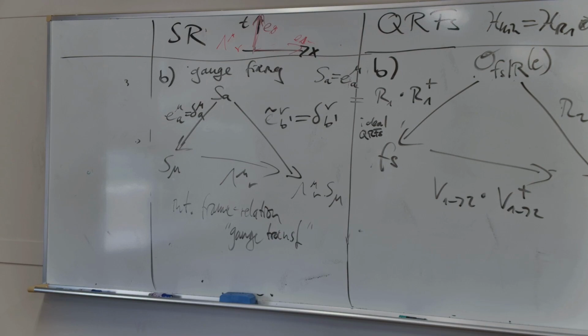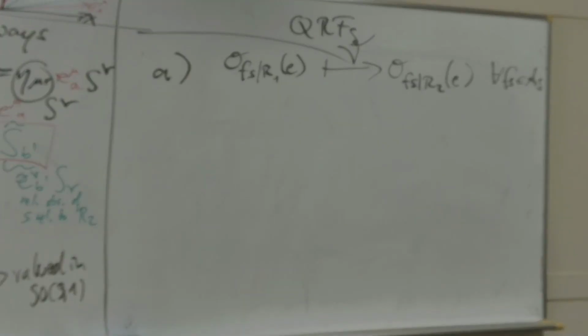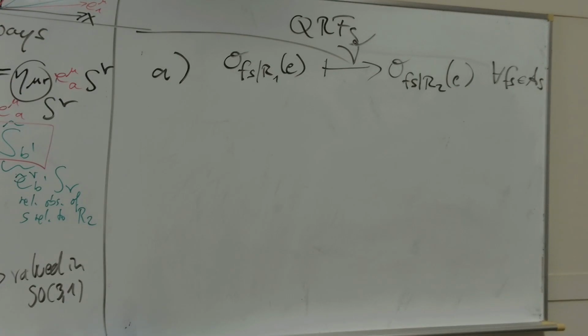So this is what is happening here, right? In this special relativity scenario, there are not that many system observables, but really here it's mapping all system observables, all relational observables describing the system relative to the second frame, to the corresponding observable describing the same system property, kinematically defined relative to the first reference frame.